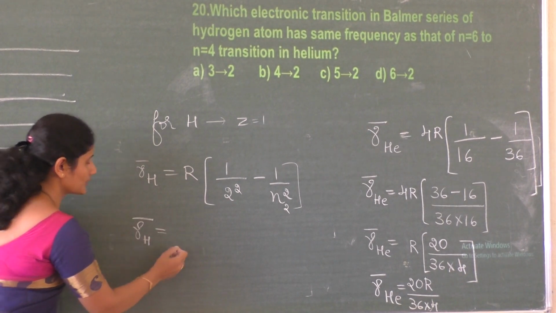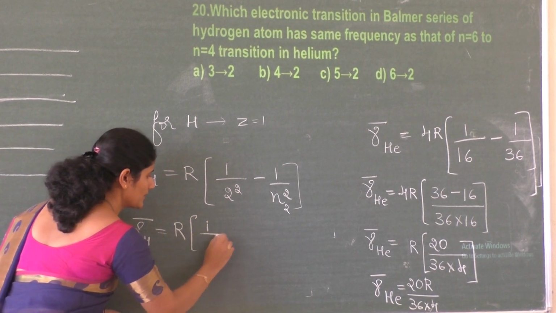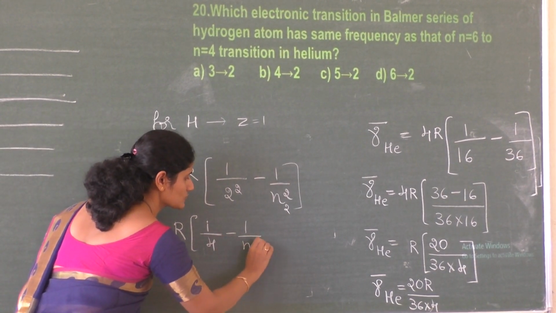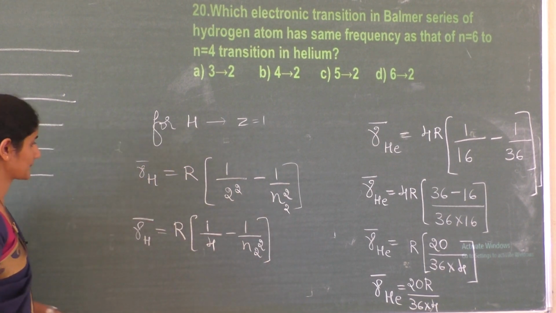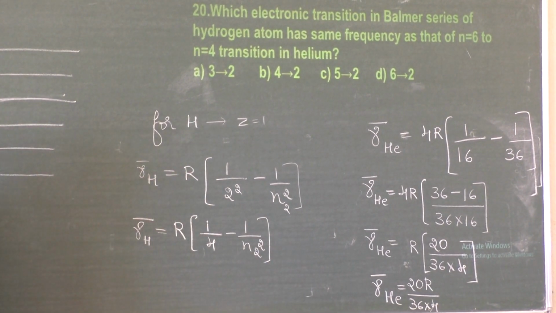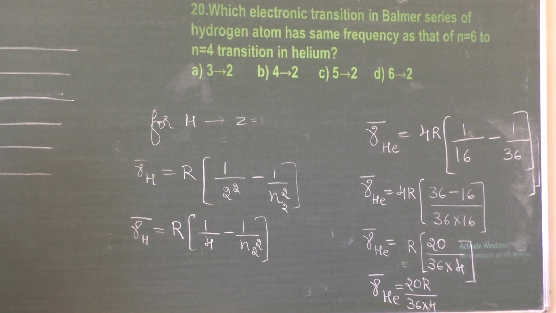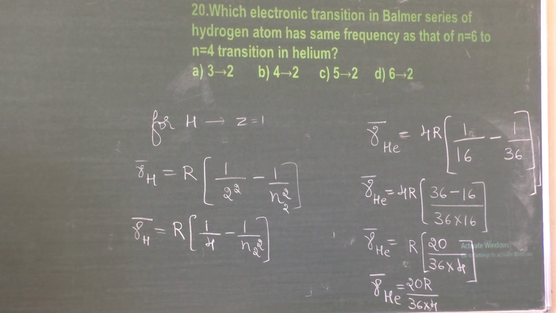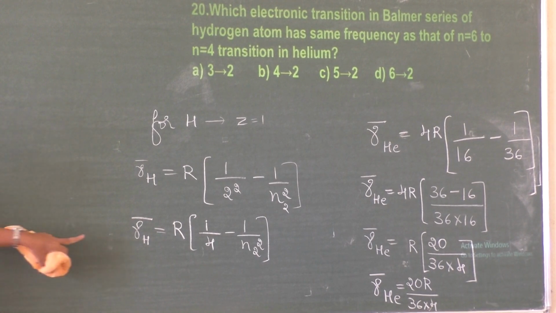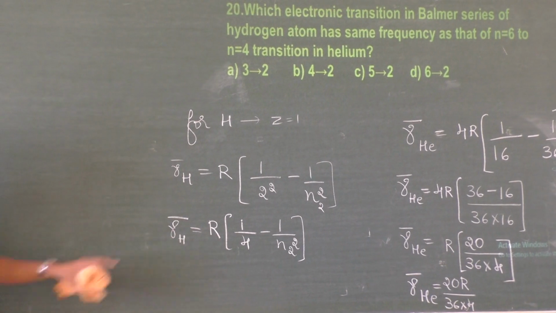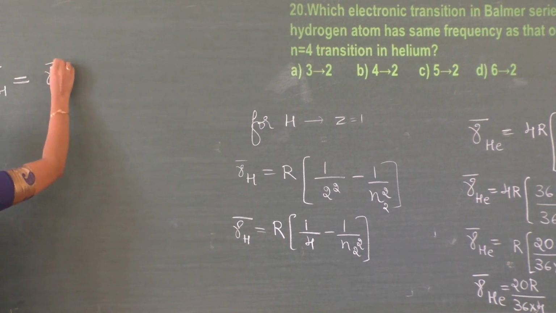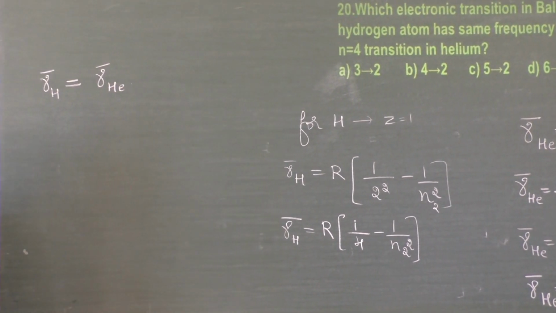Nu bar for hydrogen is equal to R into 1 by 4 minus 1 by n2 square. So nu bar is same. So nu bar for hydrogen is equal to nu bar for helium.